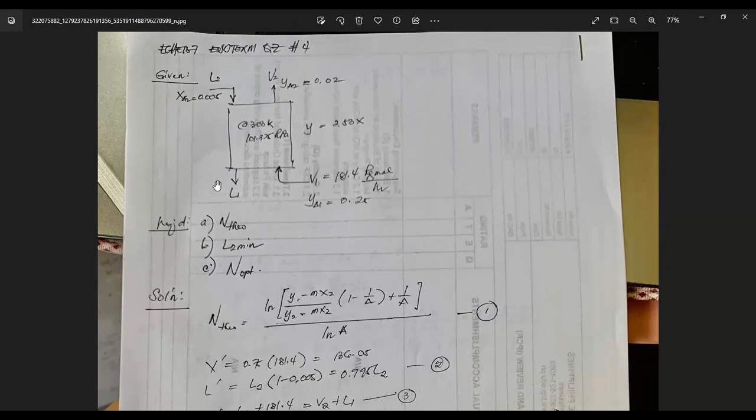The numbering of the streams that I used is the numbering that McCabe uses. This is also the numbering that Geankoplis used when he is using the Kremser equation. Actually, Geankoplis uses two manners of writing the Kremser equation. It's either using only 1 for the bottom streams and 2 for the upper streams of your column, or he uses the N+1, the N, the 0, and the 1 subscripts.